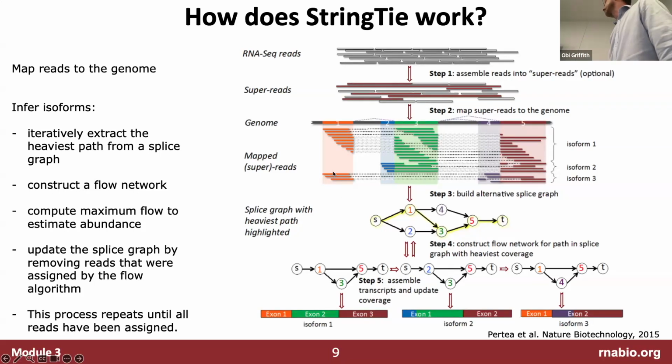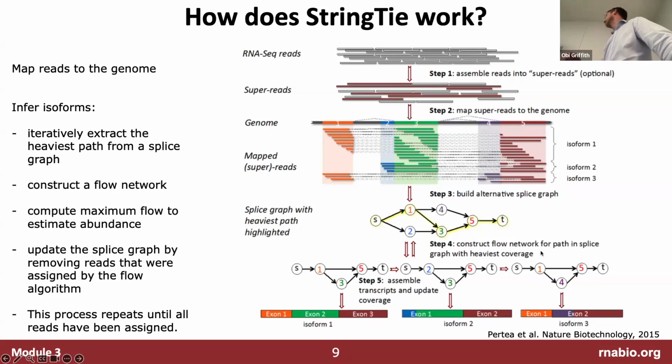So if a read starts in one exon and ends in another exon, that gives you information about the isoform, right? There's a connection between exon 1 and exon 3 or exon 1 and exon 2. And you use that information to build this splice graph, and then you calculate what's called a flow network.